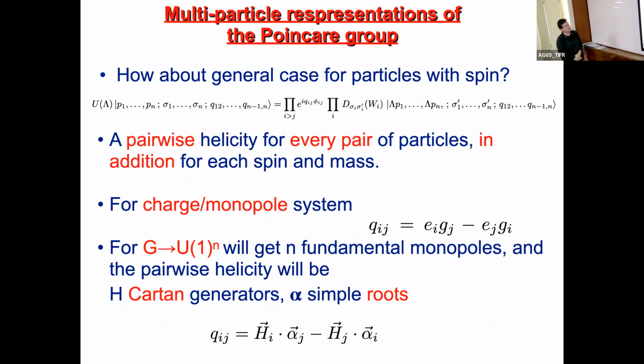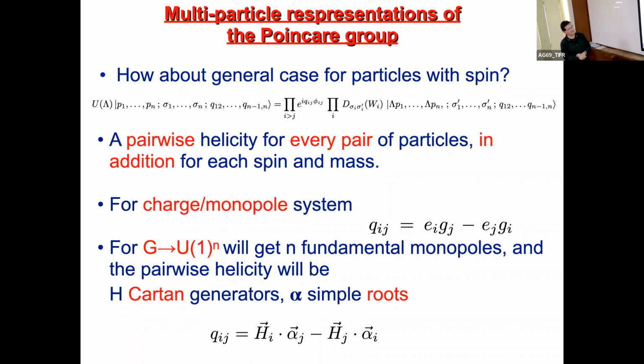The general case is not too shocking. If you now have n particles instead of just 2 particles, the most general situation that we can imagine here, and we actually gave a construction for this. I'm not going to repeat it because it's kind of boring, but it was important for us at least to see that you can really build that up.